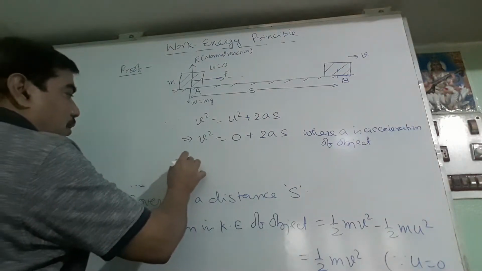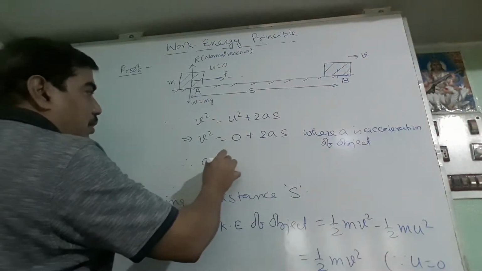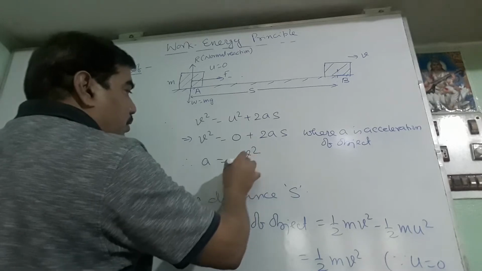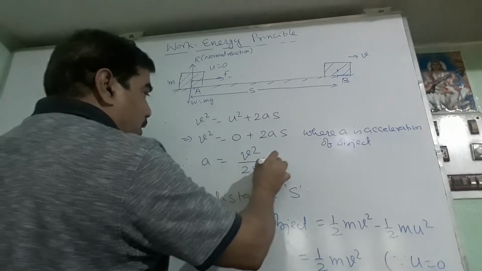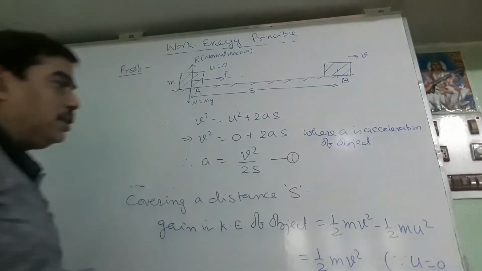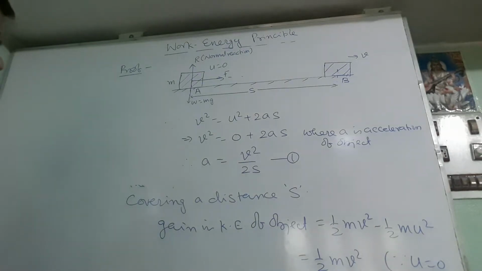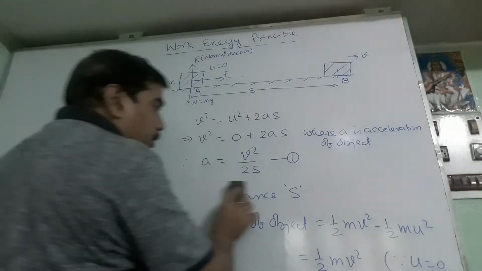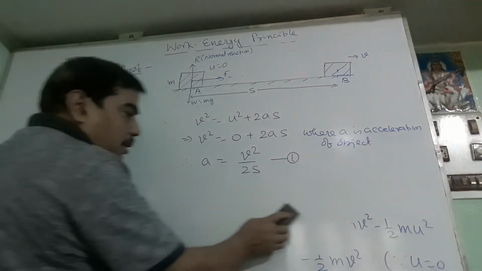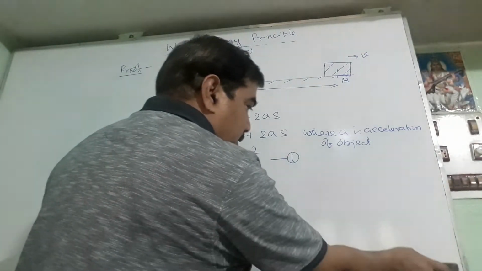So this a will be equal to v square over 2s. We call this equation number 1. So we got the acceleration, and we got the gain in kinetic energy.